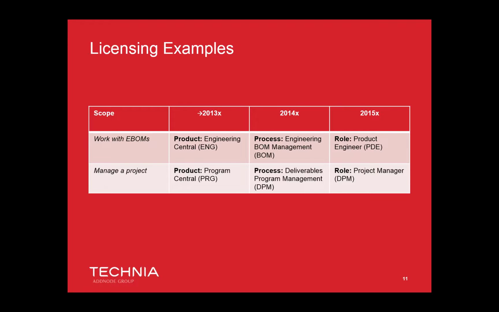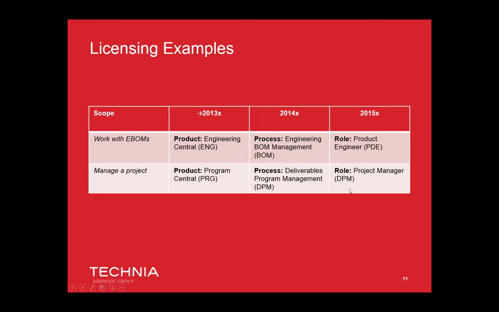So looking at a bit more details on the licensing here. In 13X, if you wanted to work with engineering bill of materials, you had a product from Dassault Systems called the Engineering Center product. In 14X, that became a process called Engineering BOM Management that also contained functionality for managing classifications and things like that related to the Engineering BOM Management.